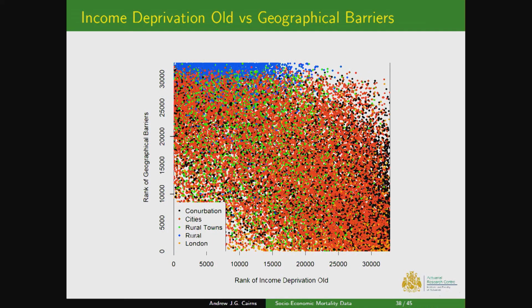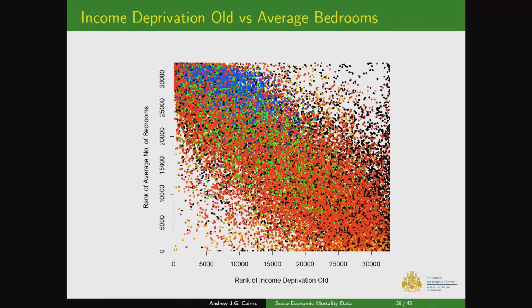This is, again, income deprivation versus the geographical barriers. So the rural areas are way up there, up at the top, because you have to go a long way to get to the doctors. Bit of a no-brainer. Income deprivation old versus number of bedrooms, and again, some blue up there, which is indicating that people have bigger houses out in the countryside.